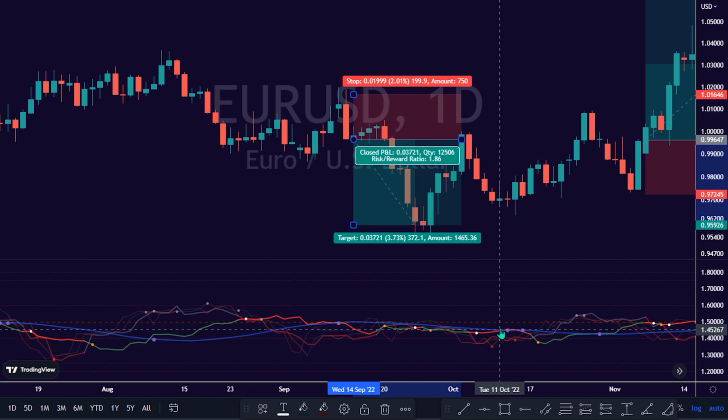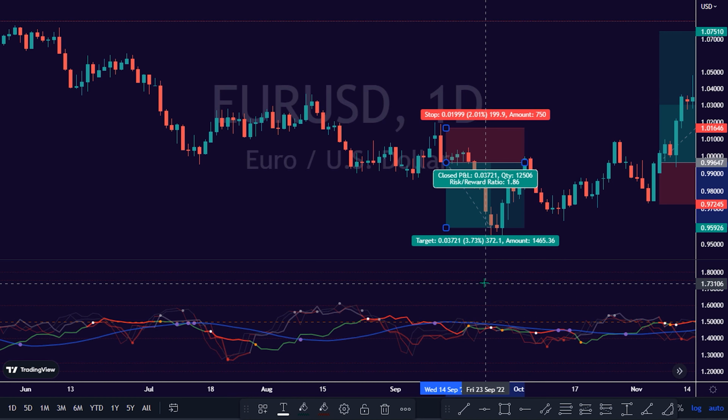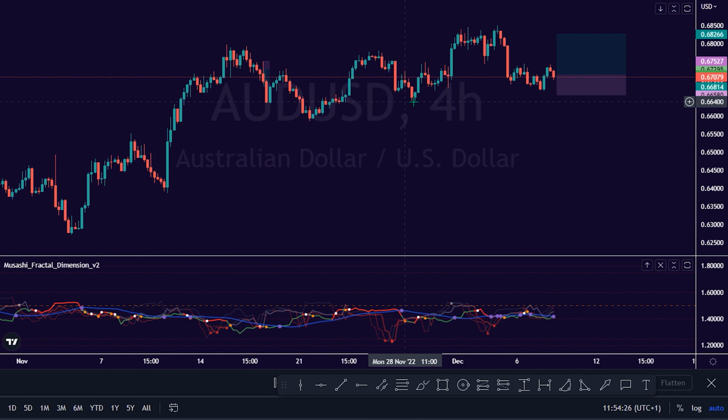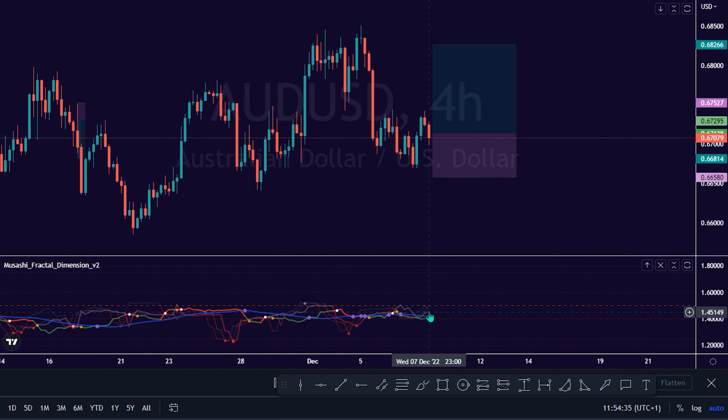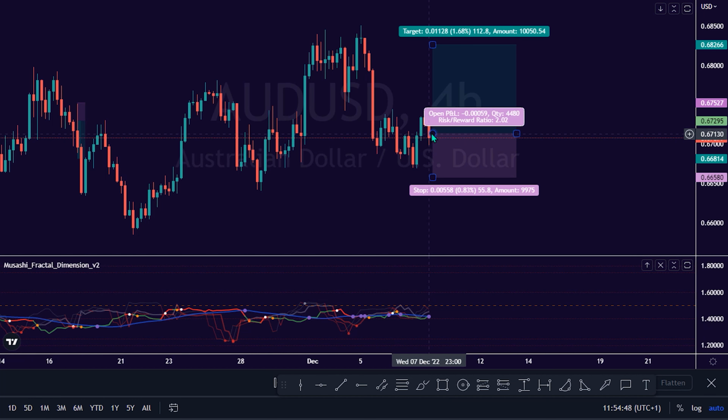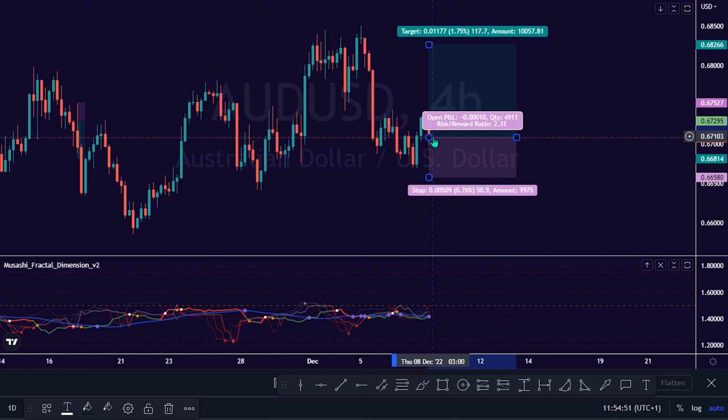It's time we execute some trades based on this trading strategy. Here on this price chart, after the price made a bearish pullback, the indicator prints purple dots when slow FDI, green line, crosses above the blue baseline. This is the confirmation of a buy signal generated. Time to execute a market order for a long position. Stop loss can be placed at the low of this bullish upward swing.